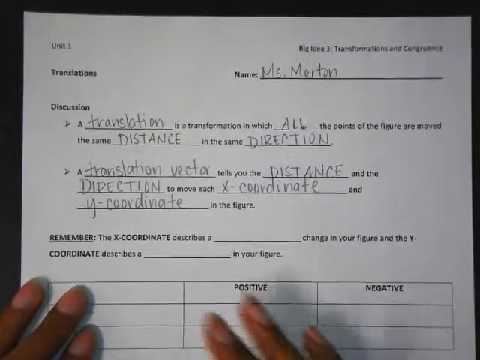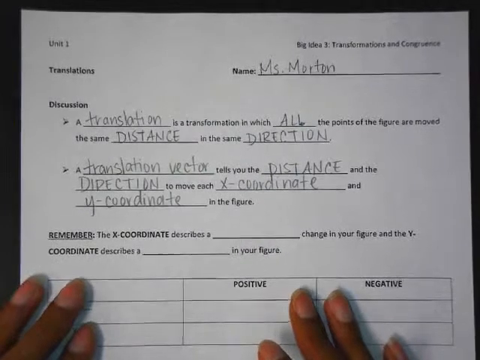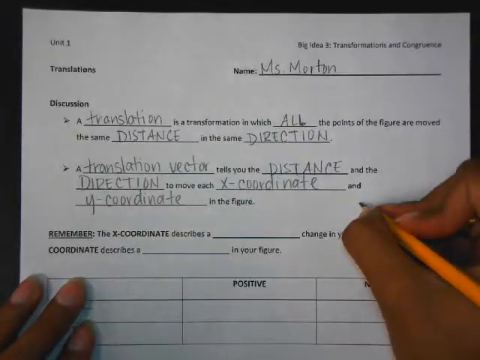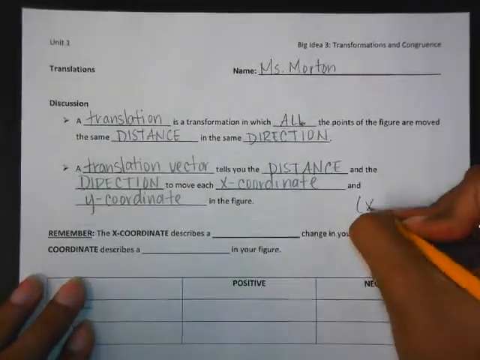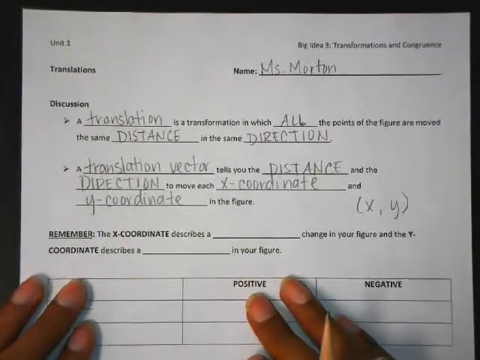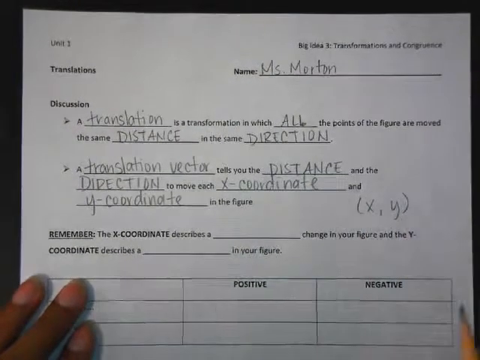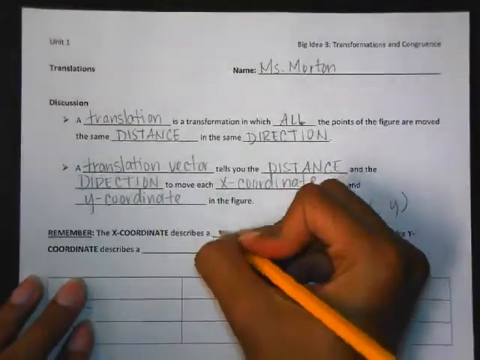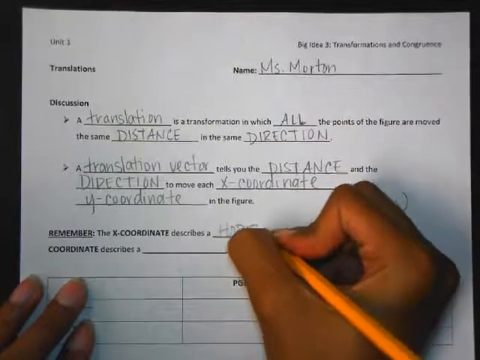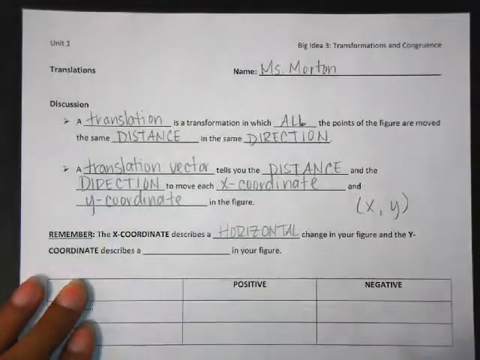Remember, if you don't remember about x and y coordinates, it's that little thing that looks like this, so it's always in parentheses. You have x comes first and y comes second. Always, always, always. The x coordinate describes a horizontal change in your figure because the x coordinate goes left to right.